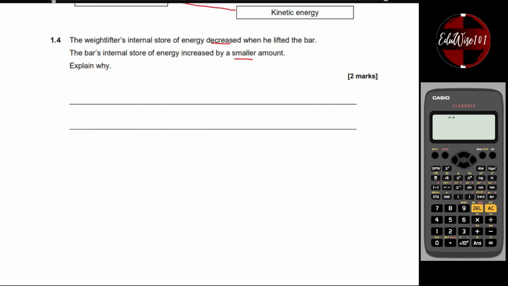The main reason is energy is lost to the surroundings.